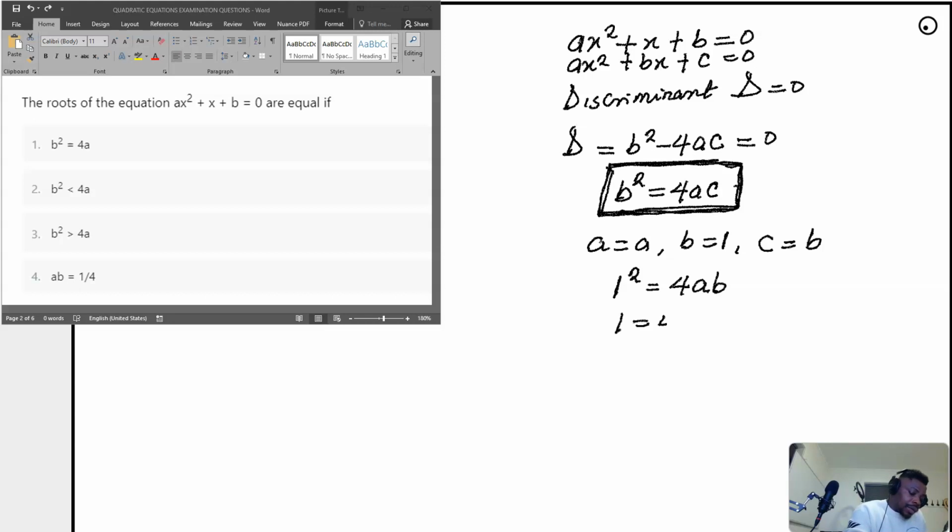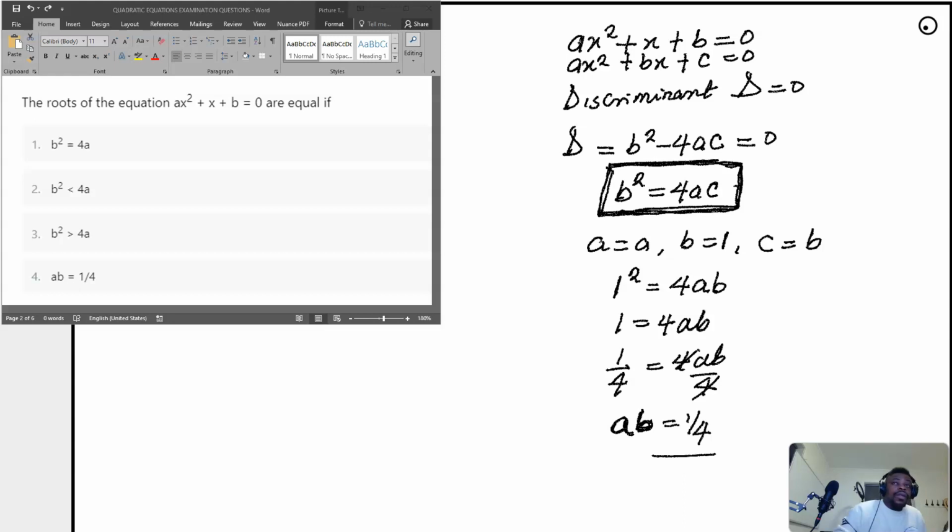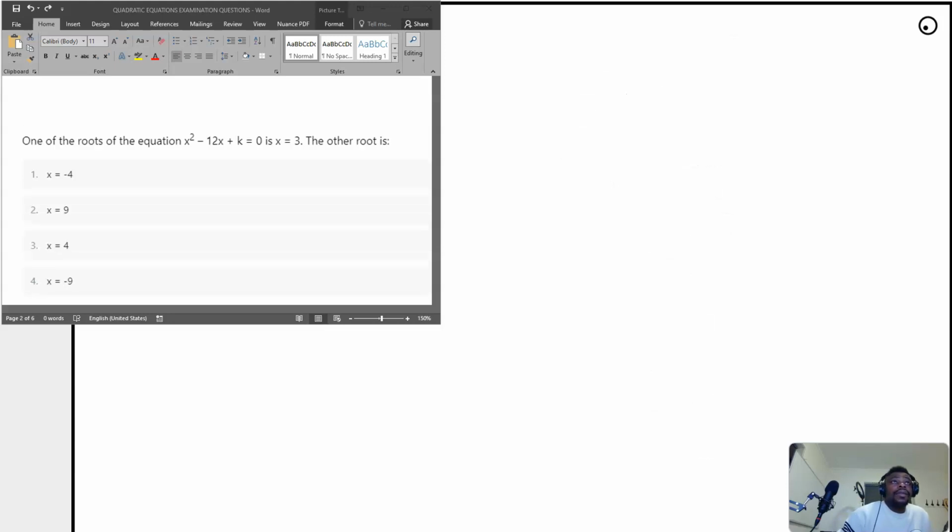So 1 is equal to 4ab. So if I divide through by 4, 1 over 4 is equal to 4ab over 4. So ab is equal to 1 over 4. So our option is option 4. Now, next question.